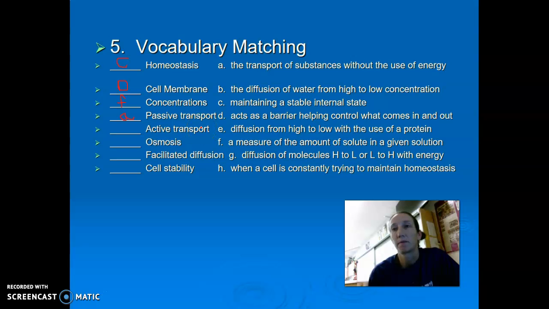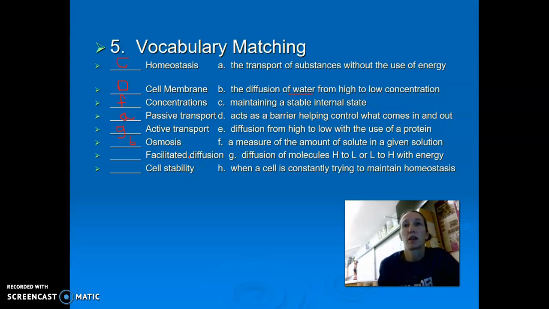Active transport. Let's find this one. Right here: diffusion of molecules high to low or low to high with energy. Okay, osmosis. We've got to find the diffusion of water from high to low concentrations.